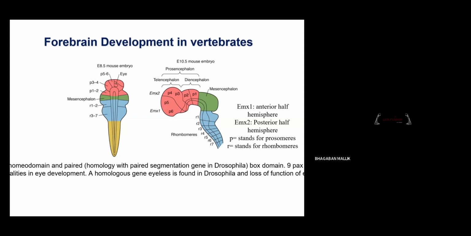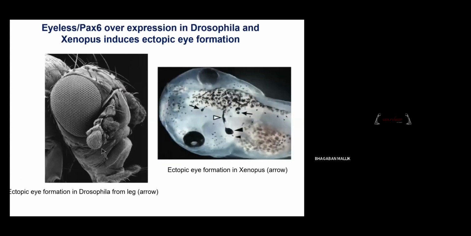Here I have just mentioned that the prosomere 6 is required for the eye development, which is similar to eyeless in Drosophila. Here is an example showing eye development. There are 9 prosomeres in vertebrates, prosomere 1 to prosomere 9.